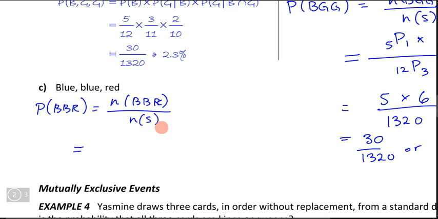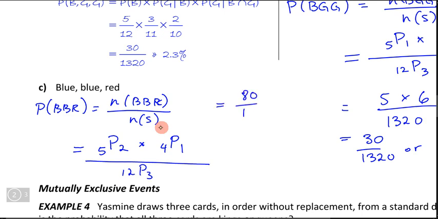If I'm looking at drawing 2 blues in a row, then I'm trying to arrange 2 marbles from a total of 5 blue marbles, multiplied by the number of ways to pick my third marble from a set of 4 red marbles, 4p1, divided by the total number of outcomes, which is 12p3. Okay, and that's going to equal 80 out of 1320, which is 0.06 repeating, or 6.1%.